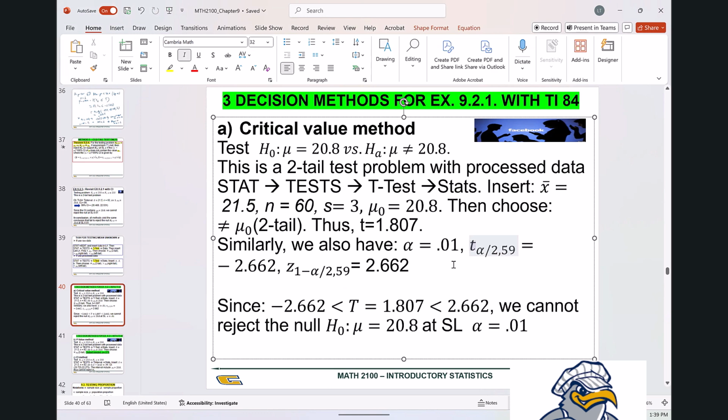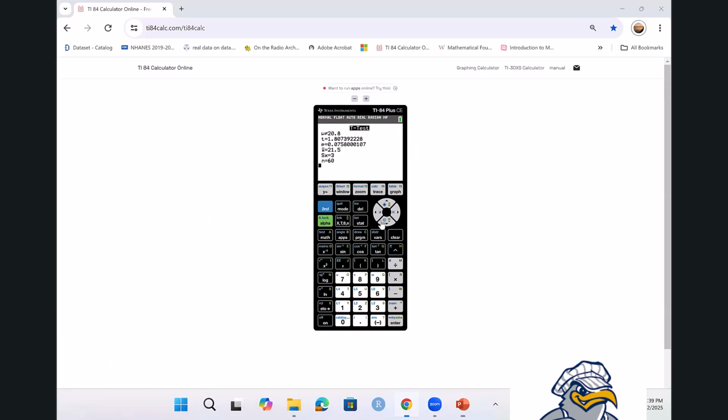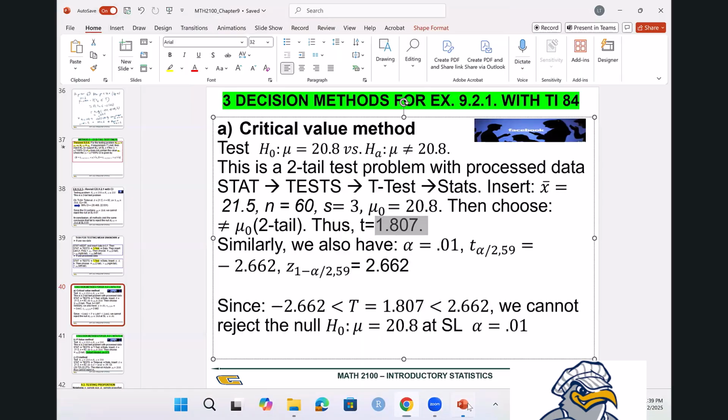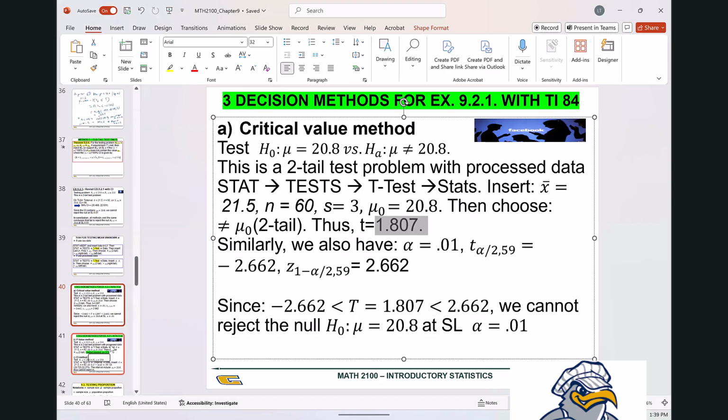You need to find it yourself. Again, I just use what we had before: t alpha over 2, just invert t alpha over 2 here, which is 0.005 with 59 degrees of freedom, and that gives us this value. And the test statistic 1.807 is not outside the range, so you cannot reject.